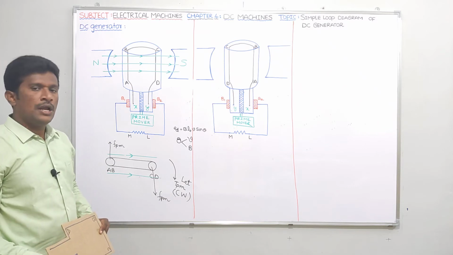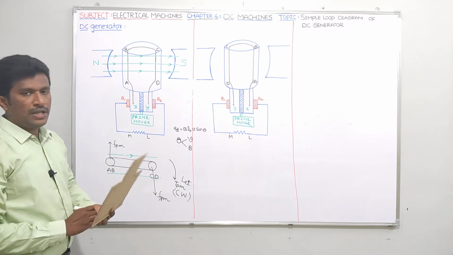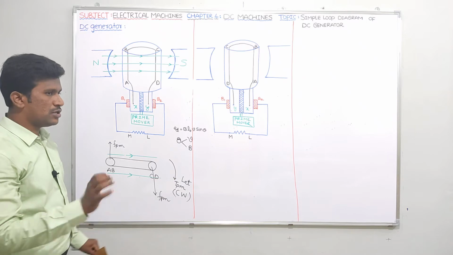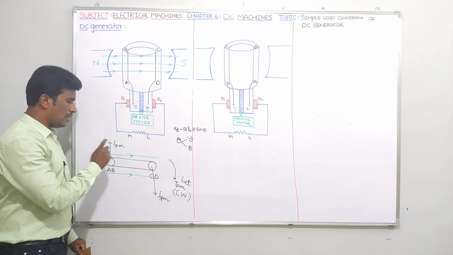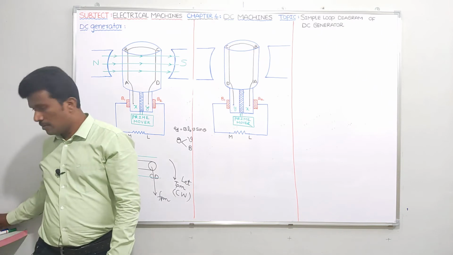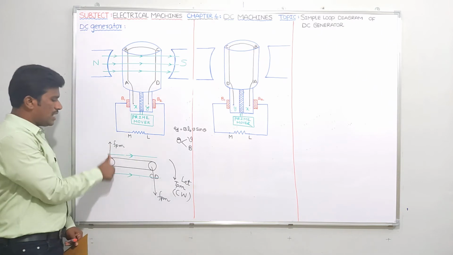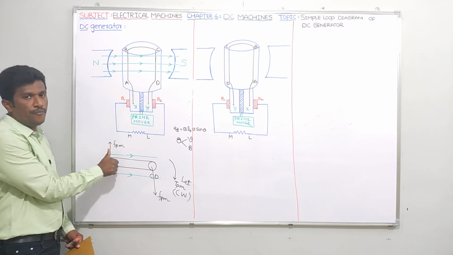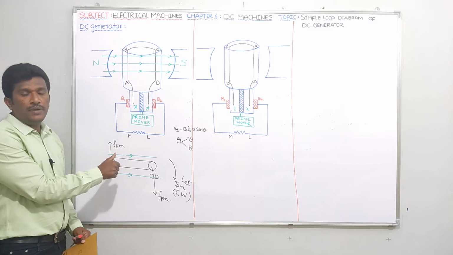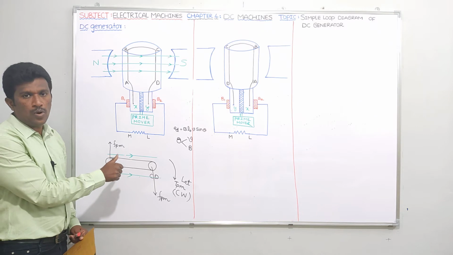Is it clear guys? Now tell me, apply Fleming's right hand rule and tell me what the direction of EMF for current in AB and CD. First of all, apply in AB conductor and tell me. When a moving conductor, this is a black color arrow mark, direction of FPM. FPM is force due to prime mover.